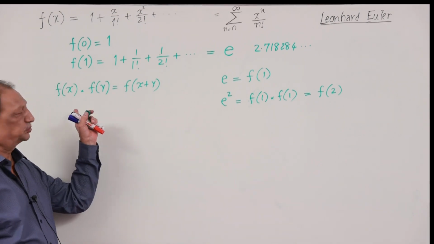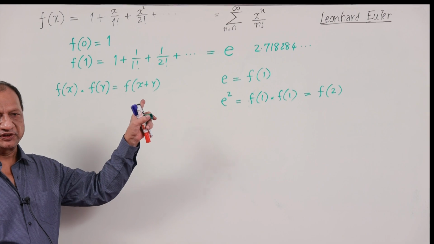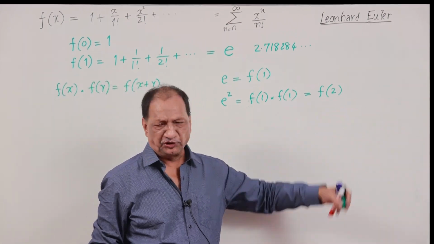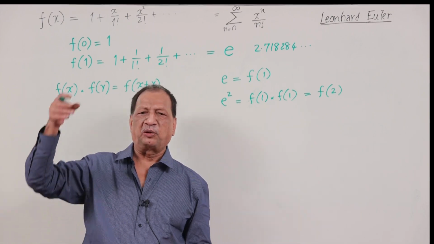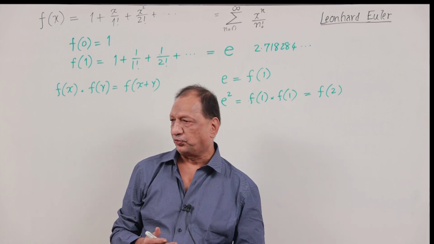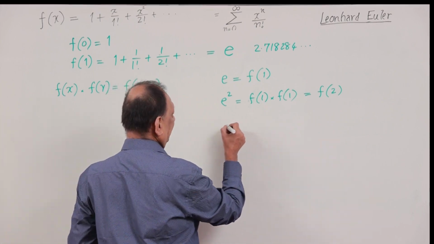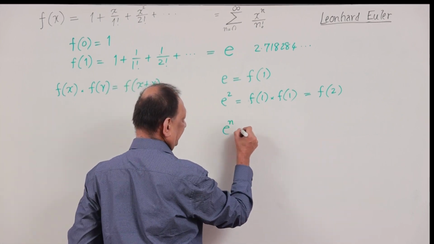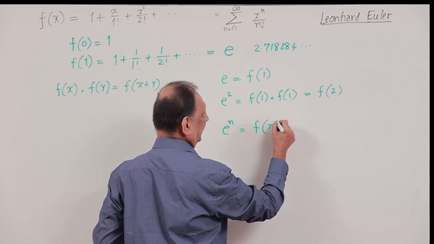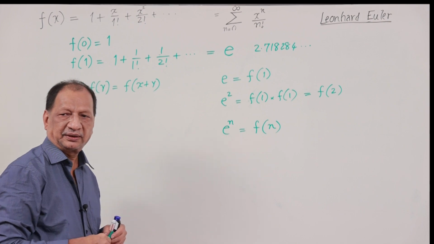That we already proved. f(x) multiplied by f(y) is equal to f(x plus y). f(1) multiplied by f(1) must be equal to f(2). f(2) is 1 plus 2 by 1 factorial plus 2 square by 2 factorial plus 2 cube by 3 factorial, etc. x is 2. Similarly, e power n. What is e power n? It is f(n). Correct?